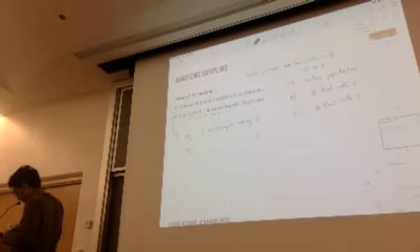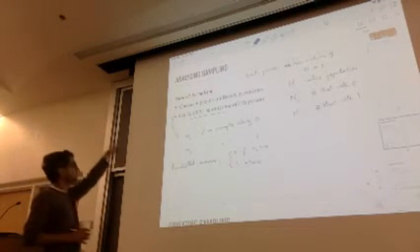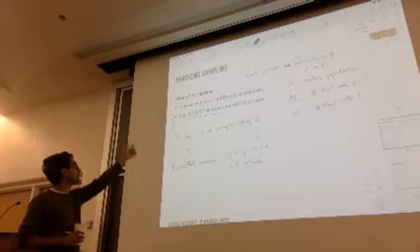So the predicted winner is 0 if... all right, so that's fine. This is just writing in symbols what we said before.